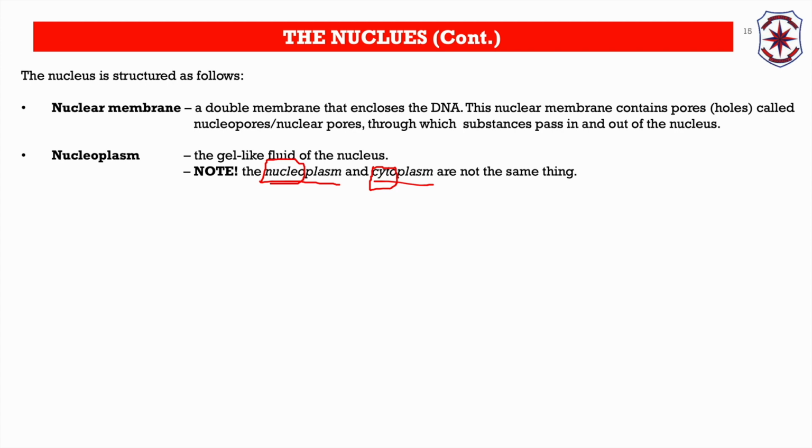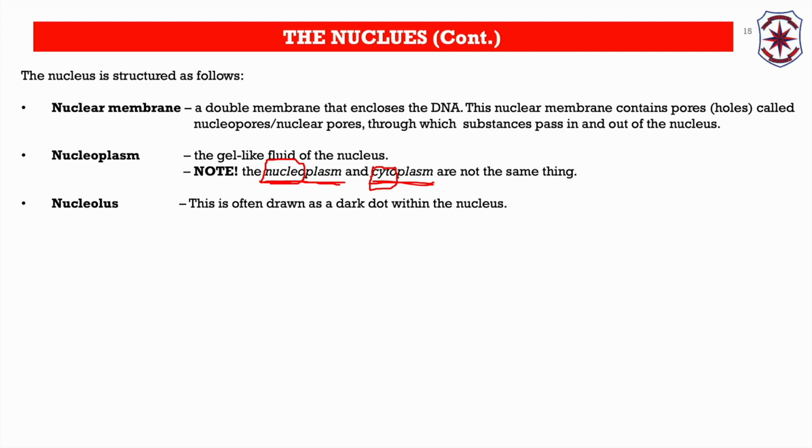So the plasm of the nucleus is the nucleoplasm, and the plasm of the cell is the cytoplasm. Okay, so cyto for cell, and then nucleo for nucleus. So don't mistake nucleoplasm and cytoplasm. They are not the same thing.